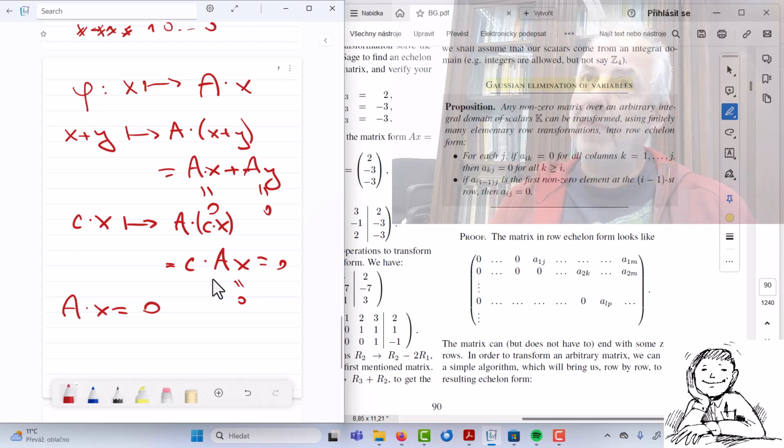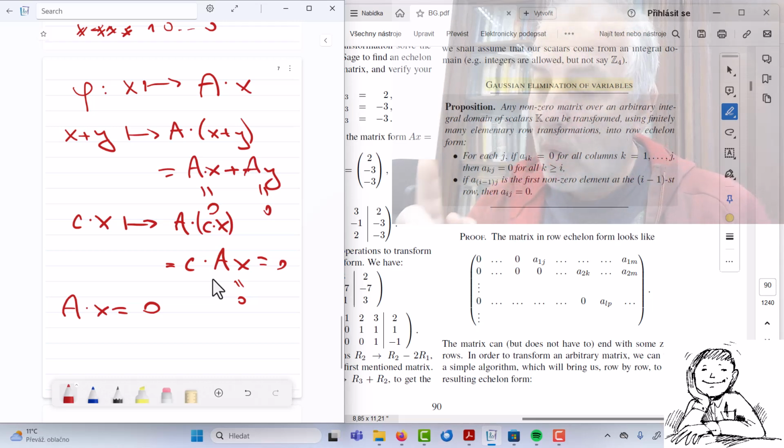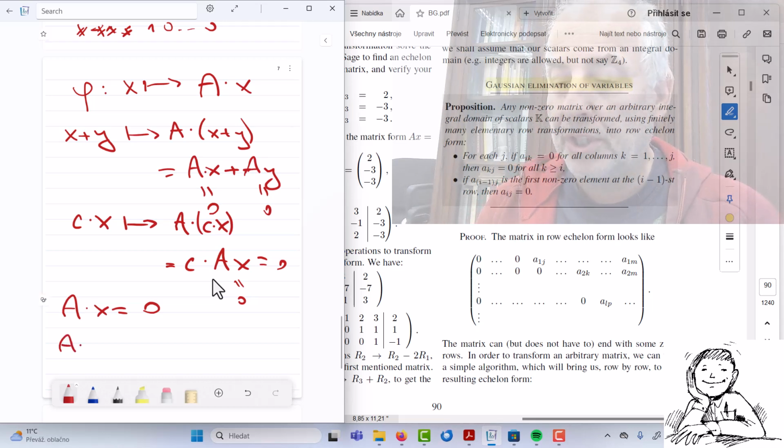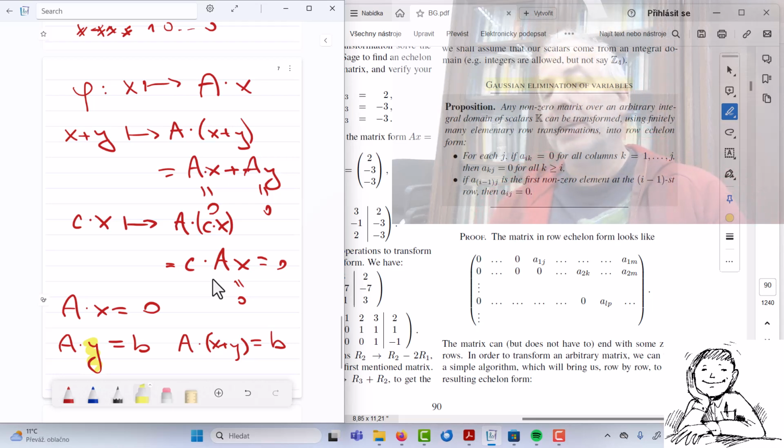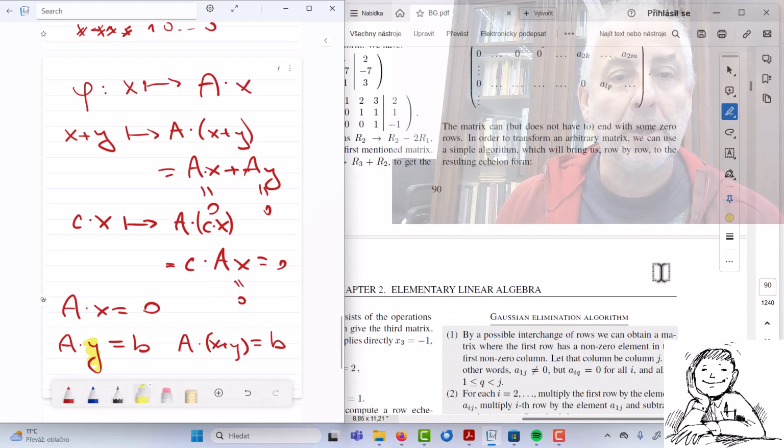So it's a vector space by itself in our understanding. But if we have one special solution, so that A times y is b, then A times (x plus y) will be 0 plus b, so it will be again b. So you see that we can pick up one particular solution, y, and add all the kernel, and you will get again all the solutions, right? So that's the general thing.